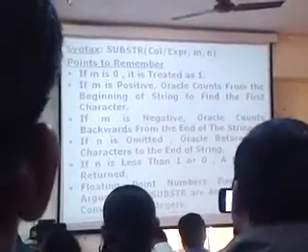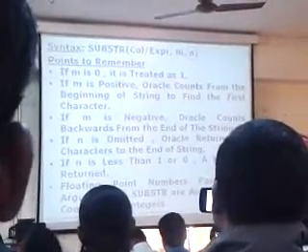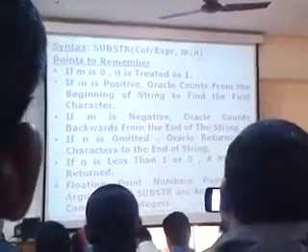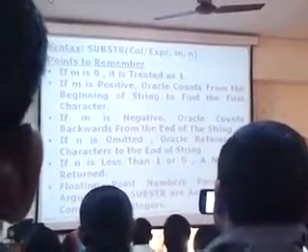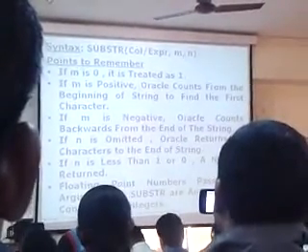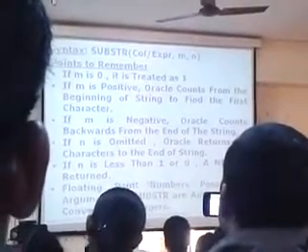Now whenever you are dealing with your N, N cannot be 0, N cannot be negative. You need to always understand this. If your N is negative or if your N is 0, then automatically the overall return value of substring is null. So you can have your M as positive or negative, but N cannot be negative, and it cannot be 0. It should be only positive by nature.